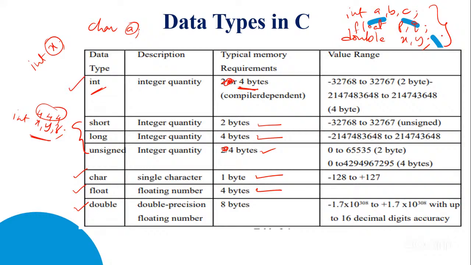Yes. Sir, 26. 36, sir. 36 exactly. Because these three variables together in integer take 12 bytes and these two will take 8 bytes. This means 20, and this will take 16 bytes. Total 36 bytes of memory it will occupy.